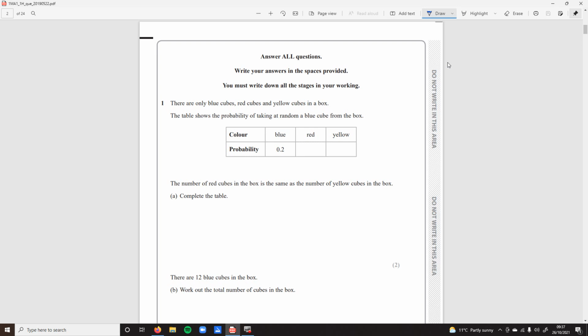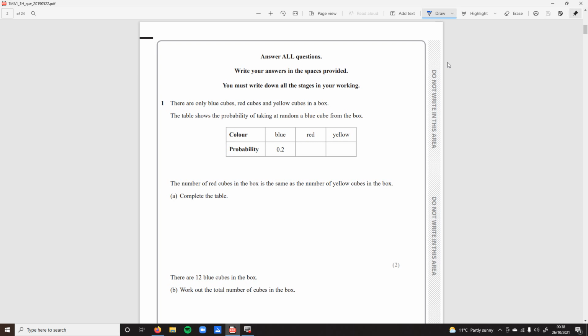There are only blue cubes, red cubes and yellow cubes in a box. The table shows the probability of taking at random a blue cube from the box. The number of red cubes in the box is the same as the number of yellow cubes in the box. So if we have the same number of red and yellow cubes, they're obviously going to have the same probability of picking them out.